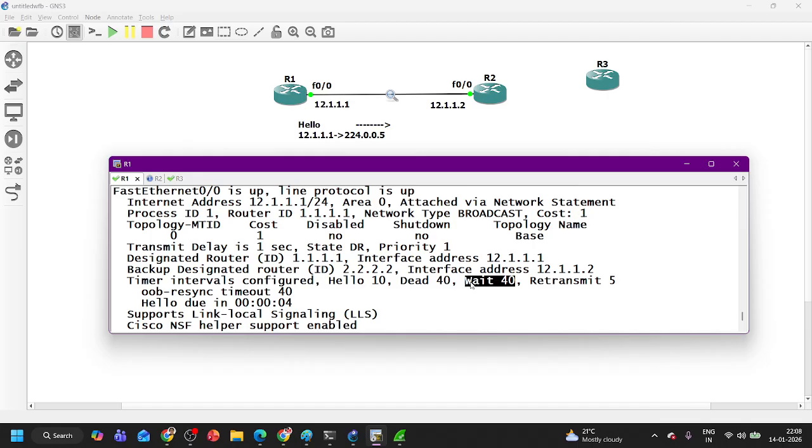When you enable OSPF on any interface, the router will wait for 40 seconds to declare itself as DR. If the router receives any hello message with higher priority within 40 seconds, or with higher router ID if priority is the same, then router ID will be used for DR and BDR election, and that router will become DR. But if the router does not receive any hello message with higher priority or higher router ID within 40 seconds, then the router will declare itself as DR. And on the same segment, later if any router comes with higher priority or higher router ID, the DR router will not change.